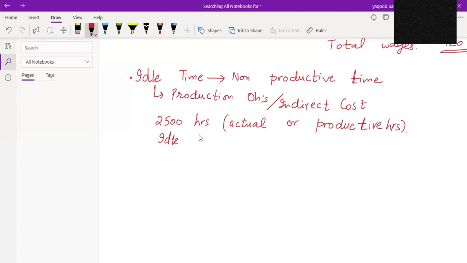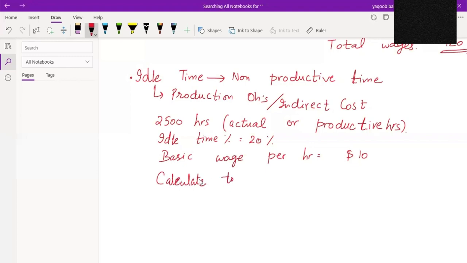Idle time percentage is equal to 20%. Basic wages per hour is equal to $10. Calculate total wages.